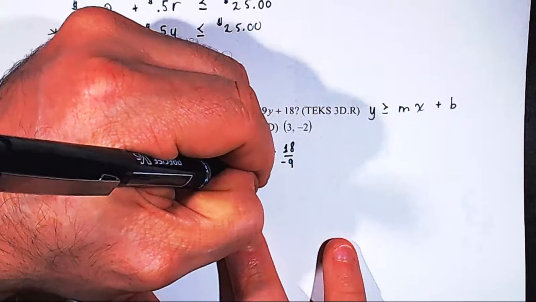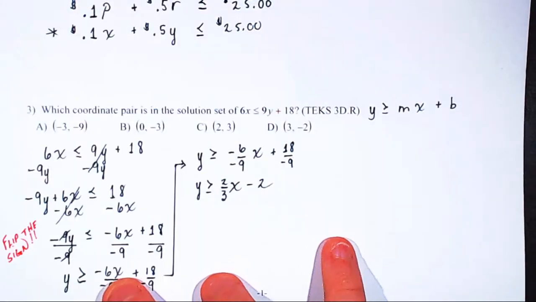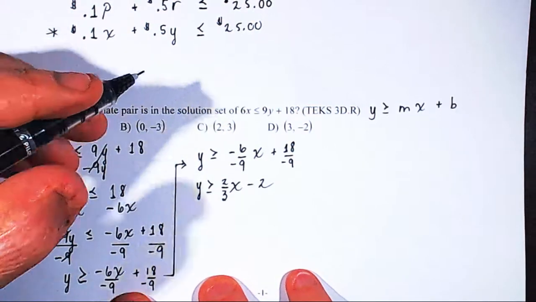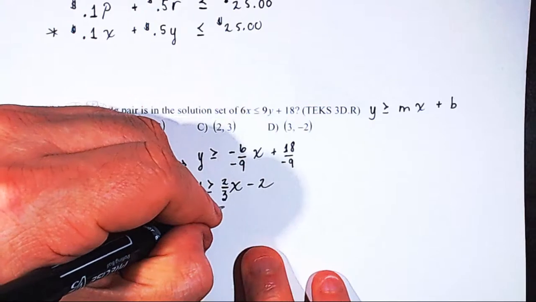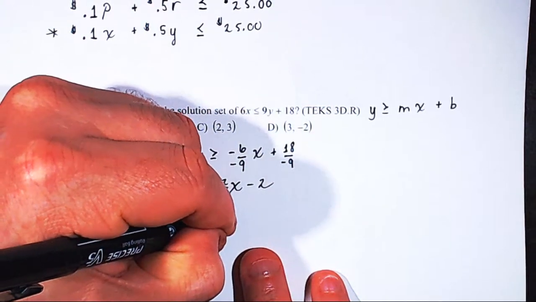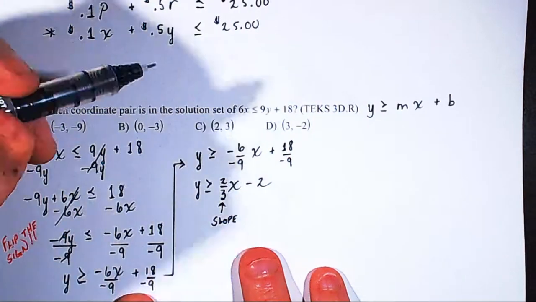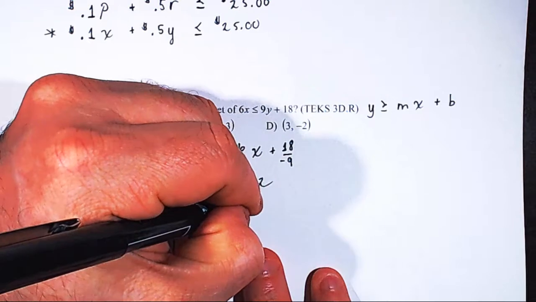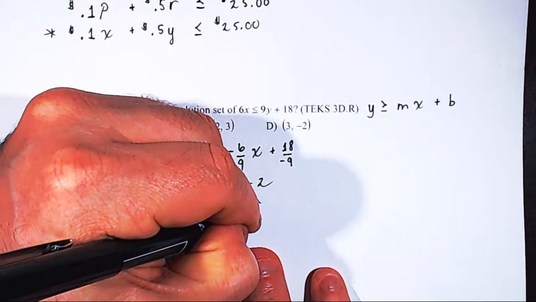So we'll write negative 2. Now I have my linear inequality in slope-intercept form. So in slope-intercept form, I know that my slope is 2/3. This is the slope. If I was going to graph this, my rise over run would be rise 2, run 3. And my y-intercept is negative 2.